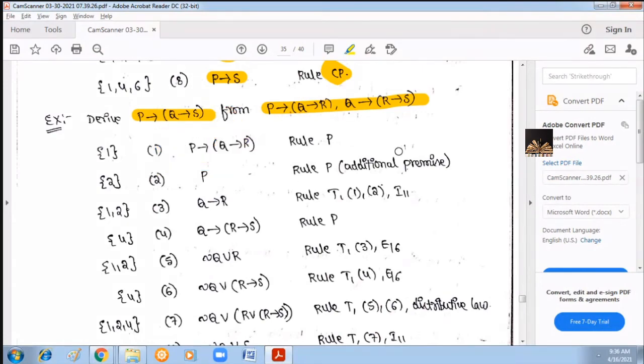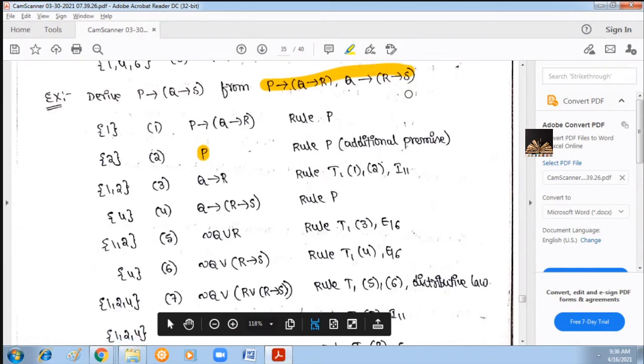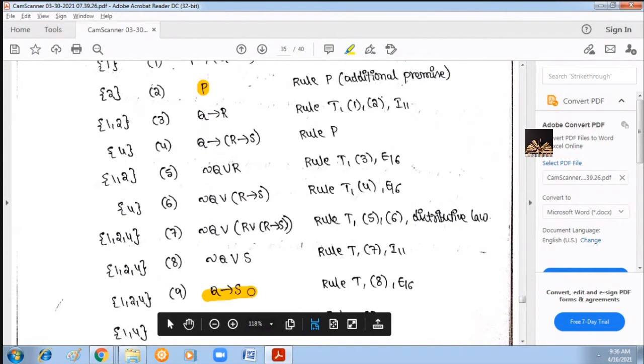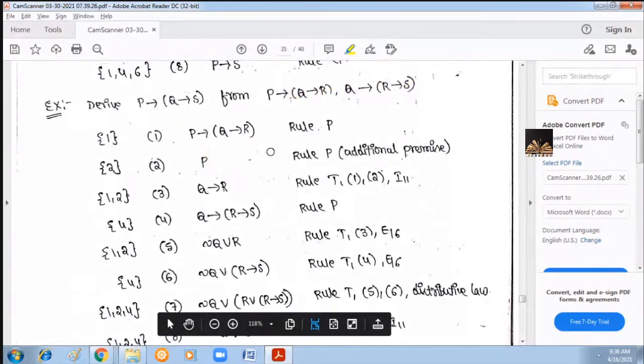So what you need to prove is, if you are able to prove Q tends to S from P and this given set of premises, then you can say that P tends to Q tends to S is also derived from the same set of premises.